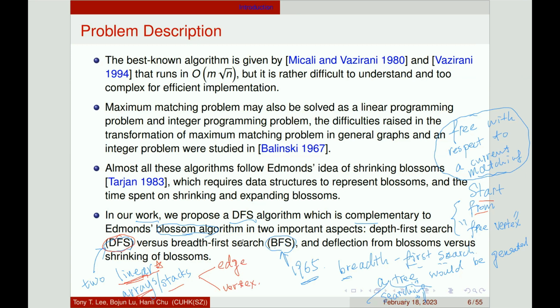Later we would see how we start from something and how we always use two linear arrays to store the whole searching information, and how we update the information in the two linear arrays along the way, and then finally we stop with a stopping rule, okay.